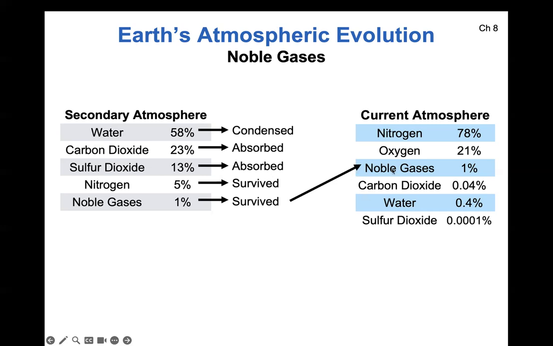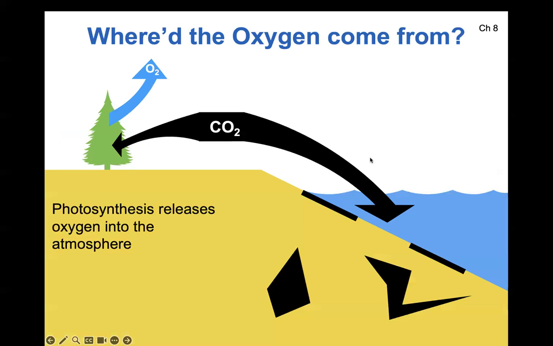But it leaves one unanswered question. Of course, we already know most of the answer, and that's the oxygen, because this is just brand new, right? This wasn't involved in the secondary atmosphere at all. So where did the new component come from? It came from photosynthesis, because photosynthesis releases oxygen into the atmosphere. That is the metabolic process of plants.